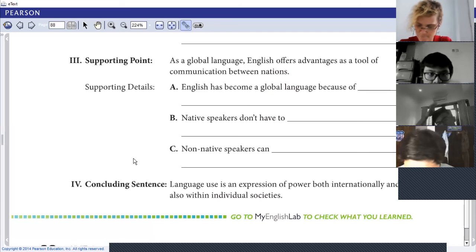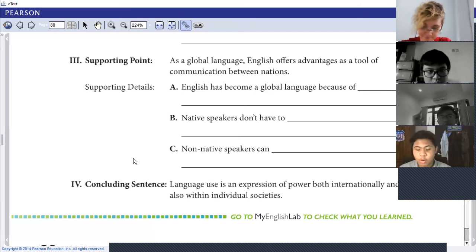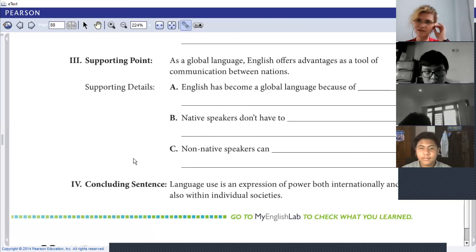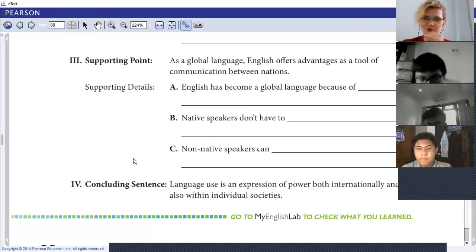Wait a minute. Because of politics, maybe. Politics, war, and stuff like that. Very good. So which one is actually more dominating? If I'm not wrong, correct me if I'm wrong, I think my daughter would be far better at explaining this than me. But as I see now, the US is still a leading country.